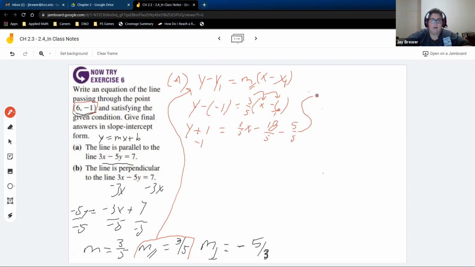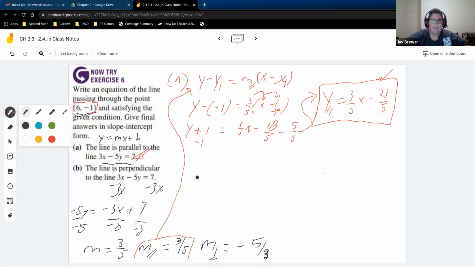So our parallel line is going to be 3/5 x minus 18 and 5 give you 23/5. And if you graphed this line and you graph this line, you'll have a parallel set of lines.